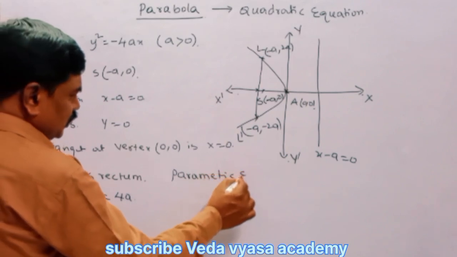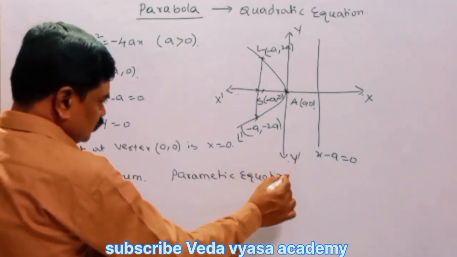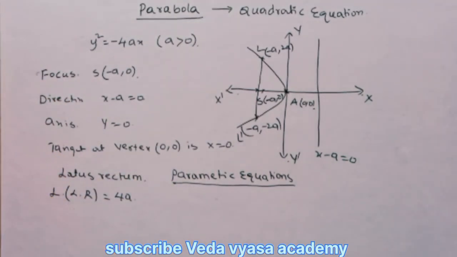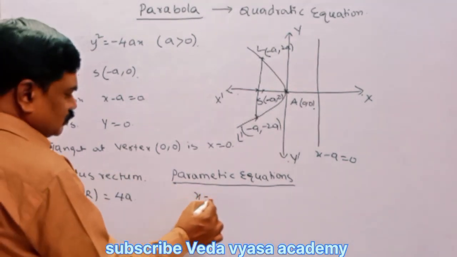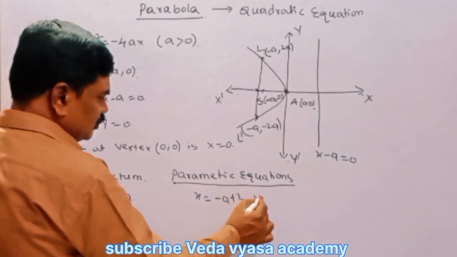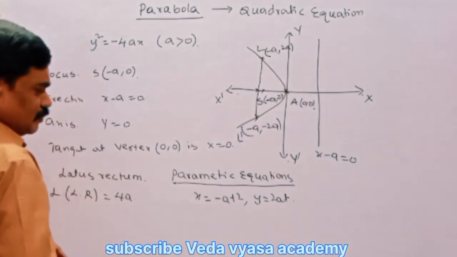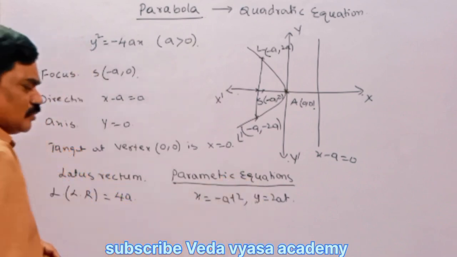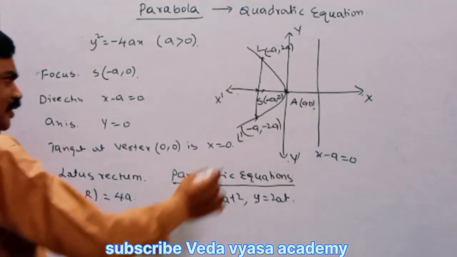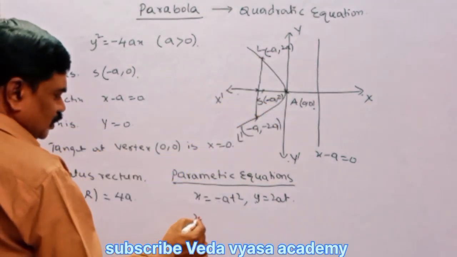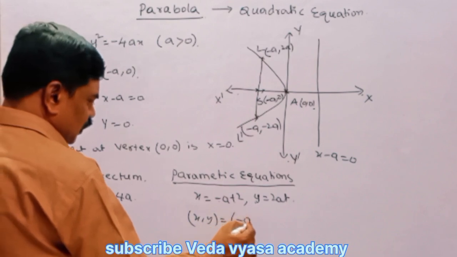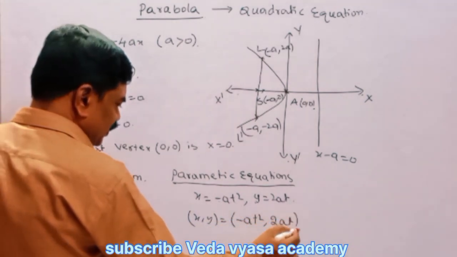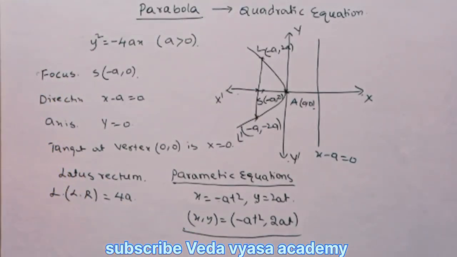Parametric equations are x is equal to minus at square, y is equal to 2at. Then the point on the parabola (x, y) equal to (minus at square, 2at) is the parametric equation of the parabola.